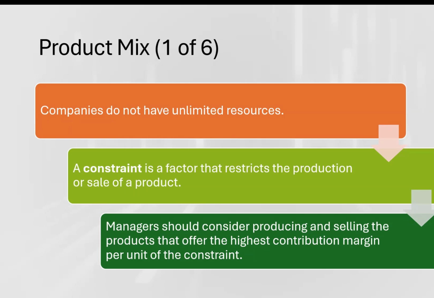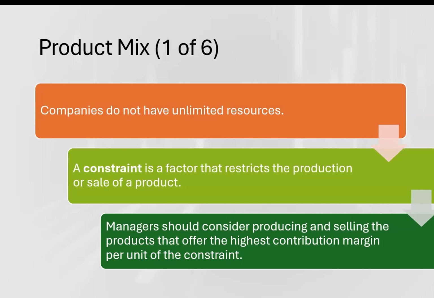For a merchandising company, the primary constraint could be display space. Other companies might be constrained by sales demand, where stiff competition limits the number of units they can sell. In such scenarios, the company produces only as much as it can sell.